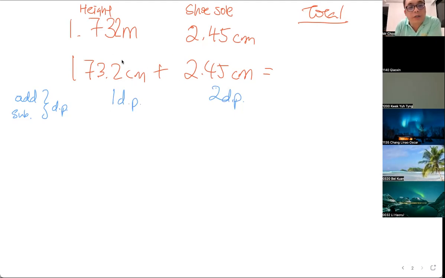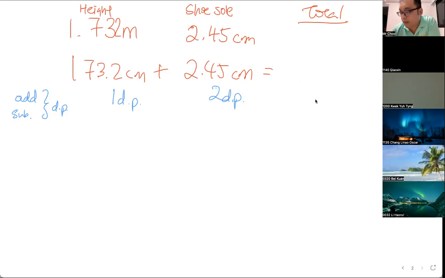Because you're using a meter rule, your height can be 173.22 or 173.18, but because the meter rule can only measure up to 0.1 cm, your final answer cannot be so accurate. Add together you get 175.65, but because you do not know the second digit, you cannot present the answer as 175.65.